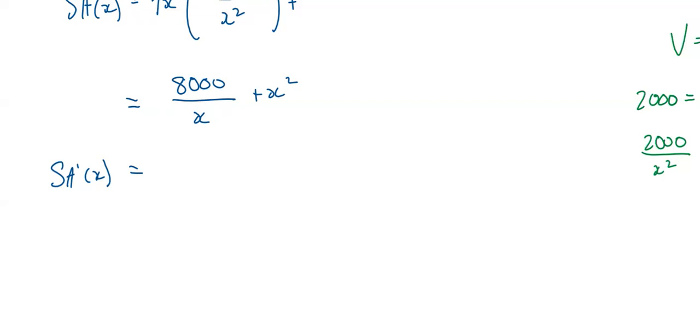It's been a while, I think, but so that's like 8,000x to the negative 1. So you multiply by the exponent of negative 1, which is negative. Then subtract 1 from the exponent, which would be x to the negative 2. So negative 8,000 over x squared plus 2x.